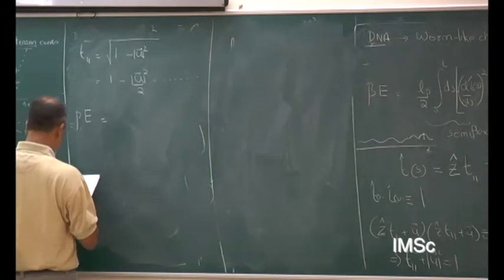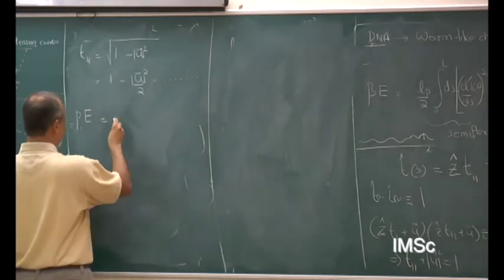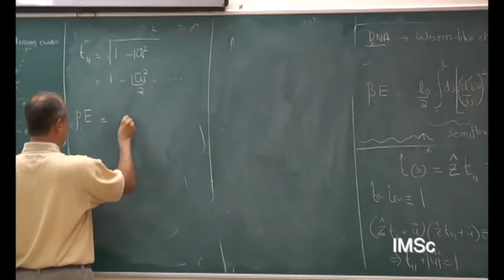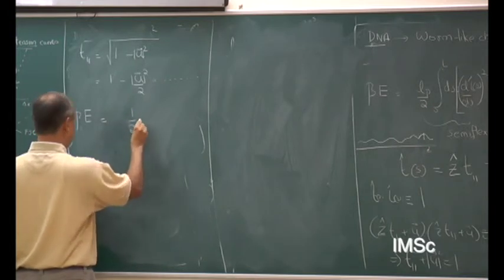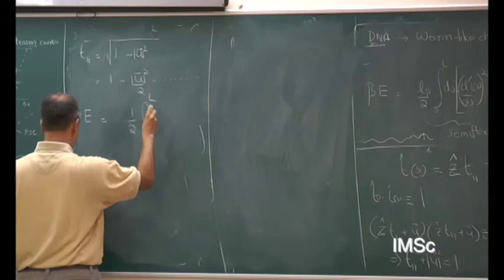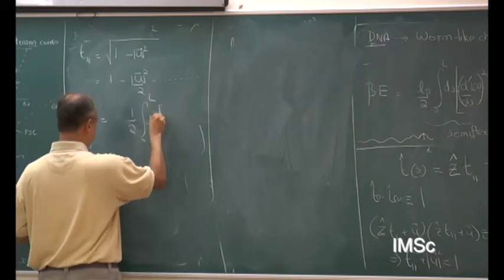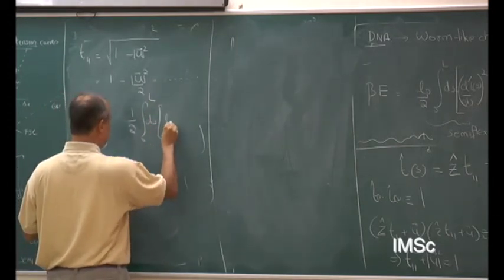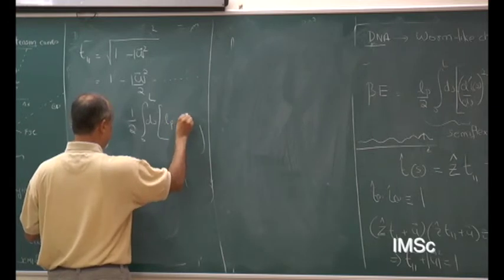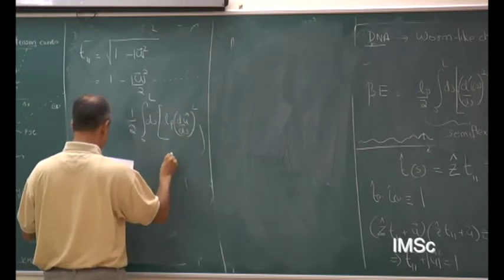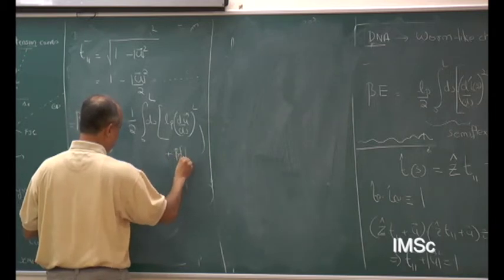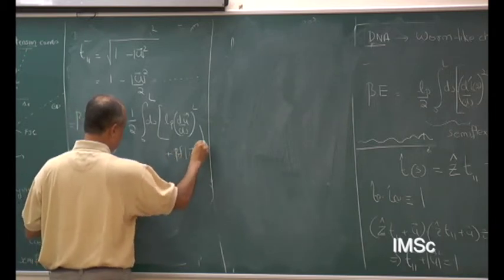first of all, there is a term which is 1 that I will neglect here. The second term is a term that looks like 1/2 integral 0 to L ds. The first term here is LP times (du by ds) the whole squared plus beta f mod u the whole square.